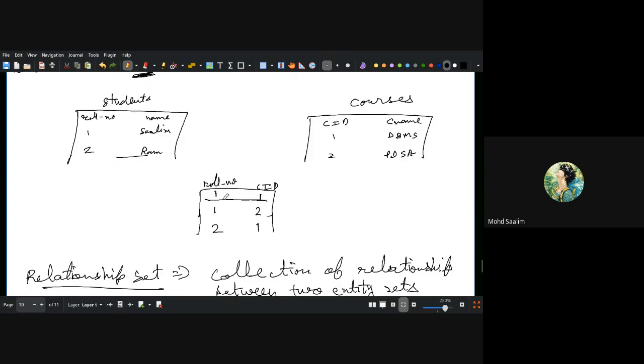This row is a relationship. This row is also a relationship. This row is also a relationship. And this whole collection of these two students is an entity set. And this collection of these two courses is also an entity set. And this collection of these three rows is a relationship set. Clear?